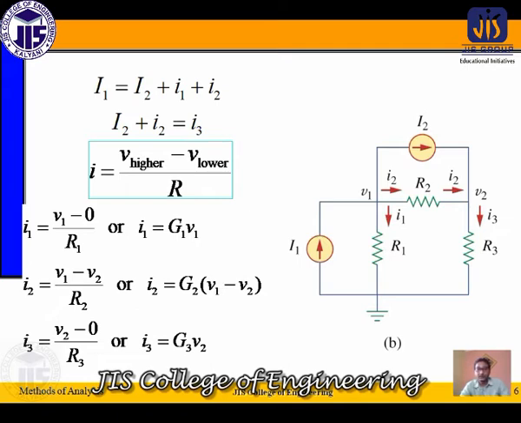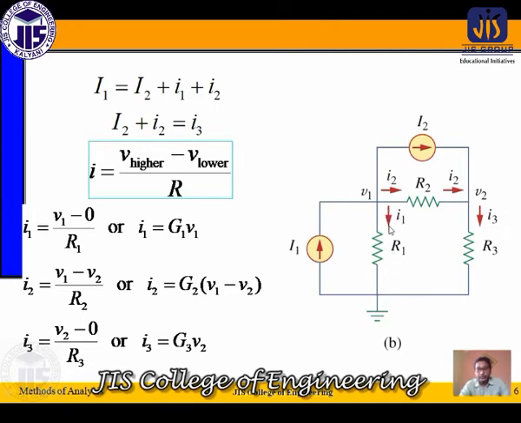Now, as we have considered this I1 current going up to downwards, this is our assumption. So obviously we have considered that V1 is at higher potential and 0 is the lower potential, because we know that current flows from higher potential to lower potential.